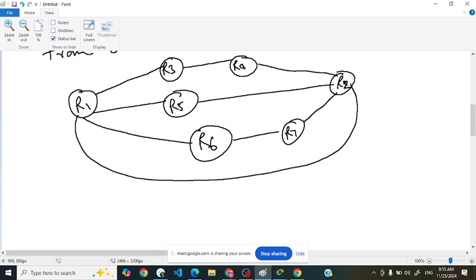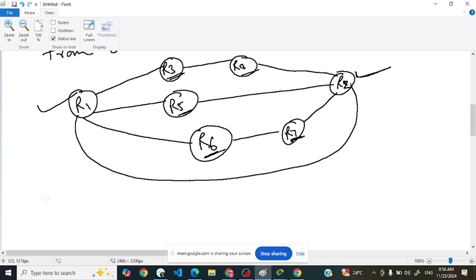So there are four paths if you want to send a packet from R1 to R2. They are directly connected, and they are also connected with the help of R5, and with R3 and R4, R6 and R7.